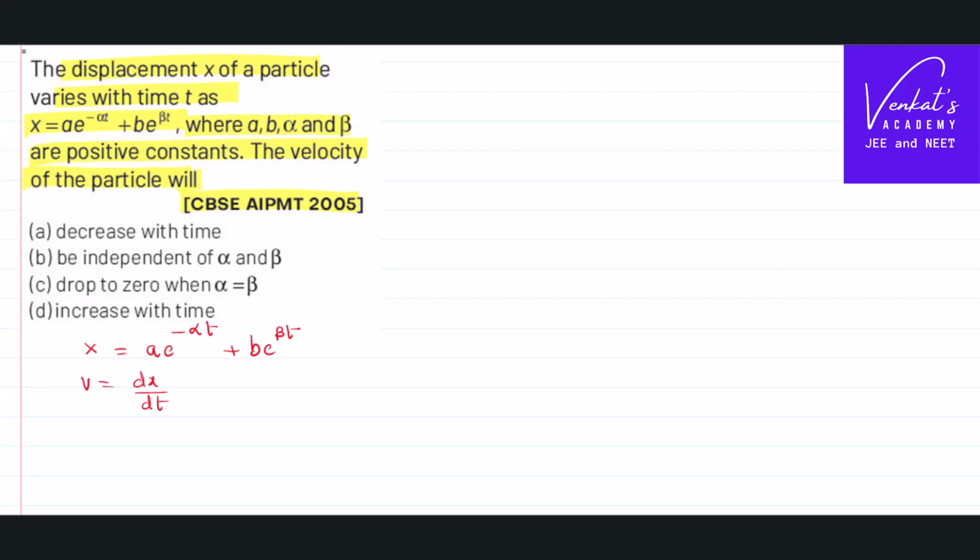Let me differentiate each term separately so that I can explain things for you. For example, dx by dt, the displacement of the first part of the given equation, is d by dt of a e minus alpha t. I'm talking about this term first. See, a is a constant, but it is an exponential function with the power of something, right?